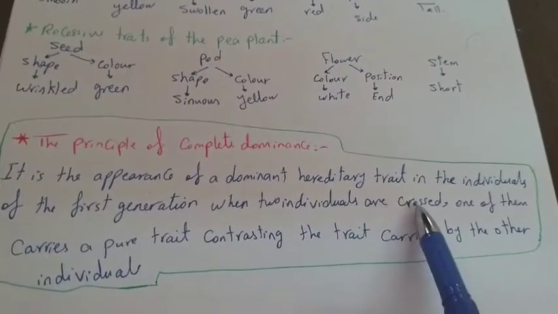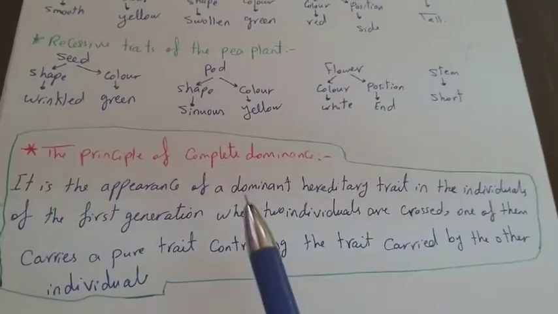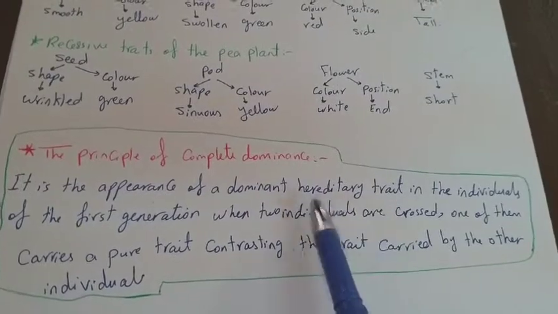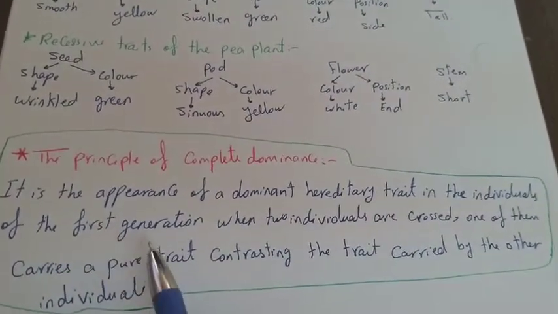When they meet, what happens? The dominant hereditary trait appears in the individuals of the first generation.